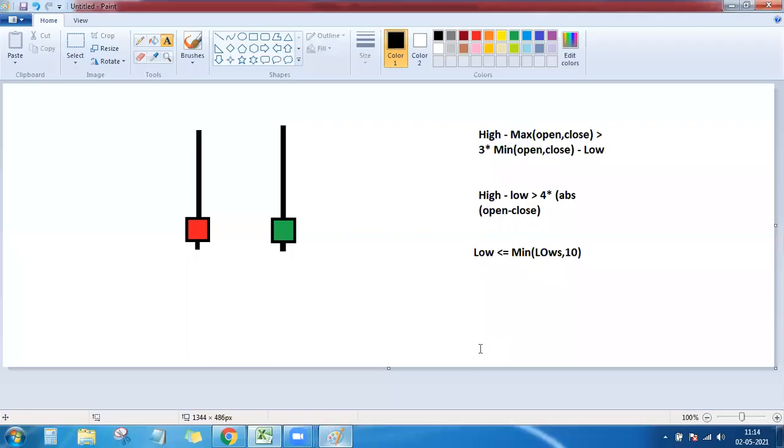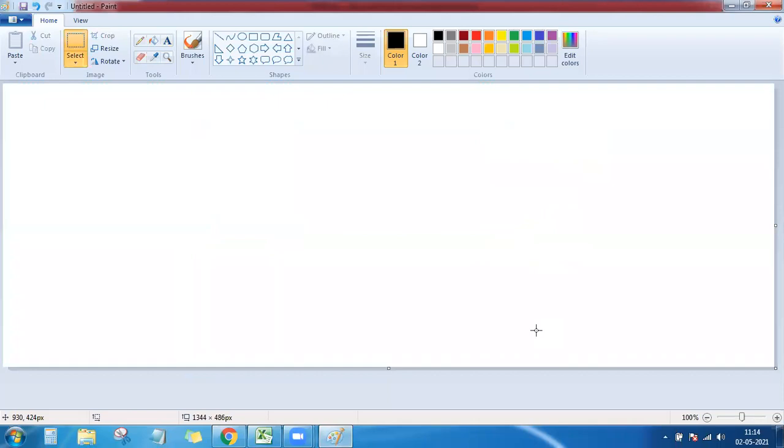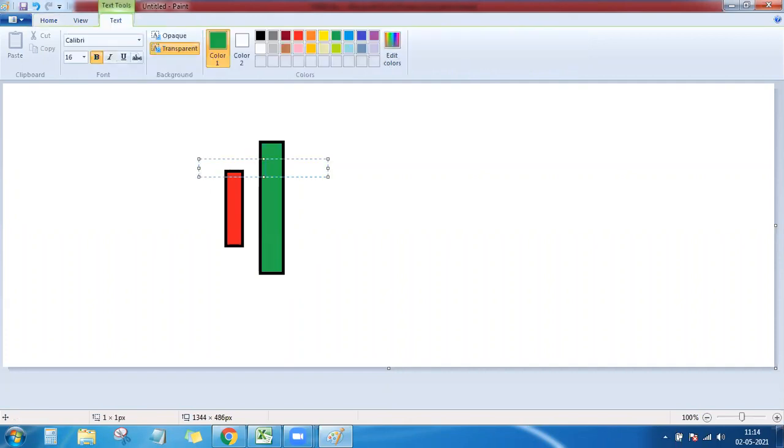From now on, because these are two candlestick patterns, it would be easy to compare. So bullish engulfing: one small red candle and one large green candle. We'll only compare the bodies of the candle. We'll not take into consideration the highs and lows. Now the previous candle, this is the open, which I will write as O1, and this would be C1.